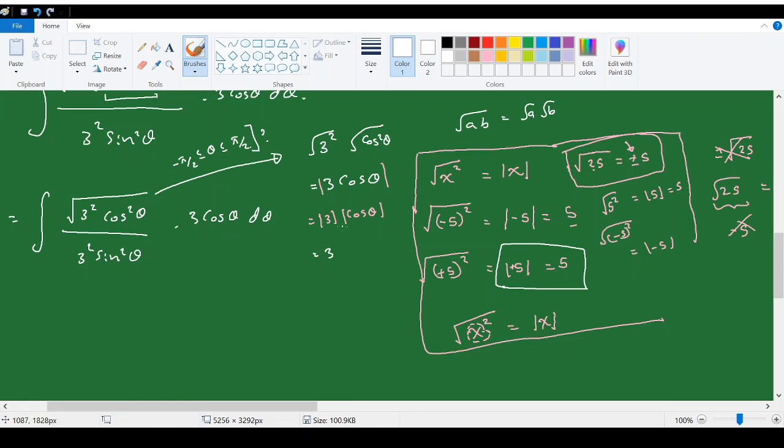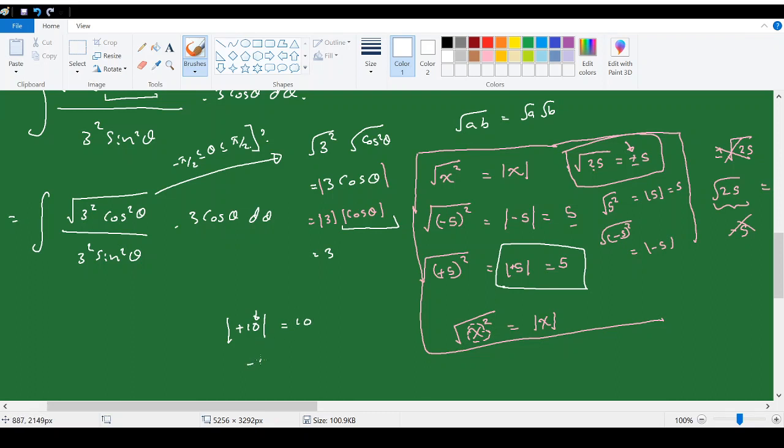How about the modulus of cosine theta? This is the place where the angle comes into play, right? So the key point here is to understand that if we have a positive term inside the modulus, for example this one, we can just write the positive term as the answer.